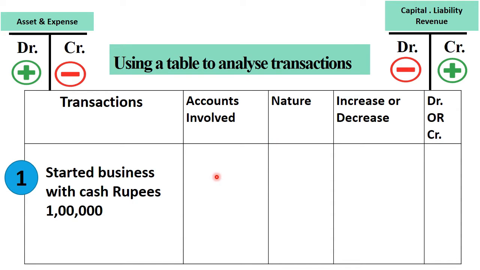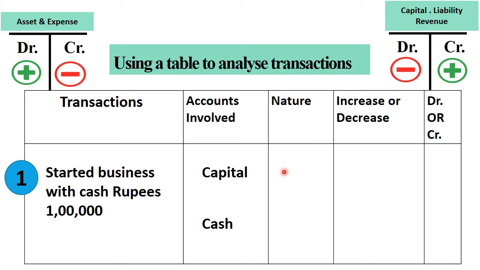The first transaction is started business with cash rupees 1 lakh. First of all, we are going to write what are the two accounts involved. So one is your capital, because if you are investing money in the business, that is called as capital. Second is cash. Now we'll find out what is the nature of capital according to the modern approach, and the options are assets, expense, capital, liability and revenue.